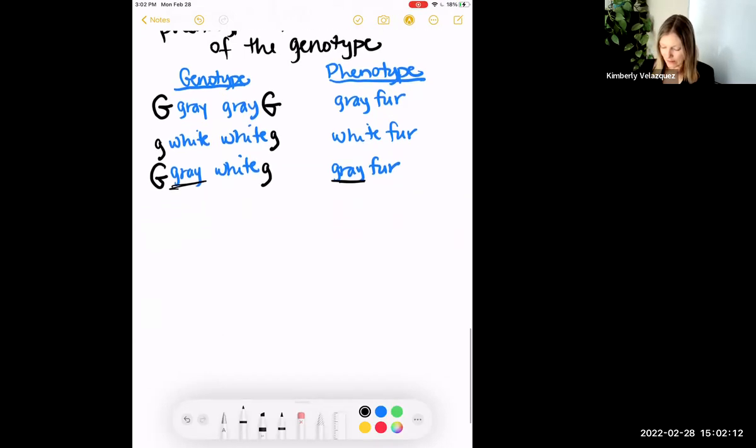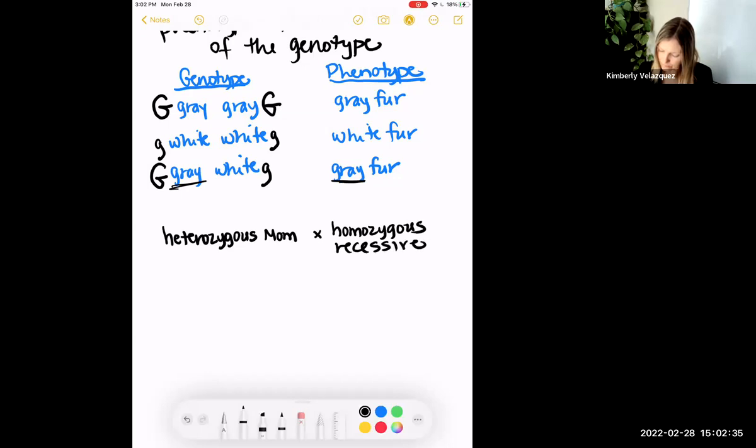And let's say that we have a heterozygous mom rabbit, and we have a dad that's homozygous recessive. If dad is homozygous recessive, that means dad is little g, little g. 2 of the same, that's the homozygous part.